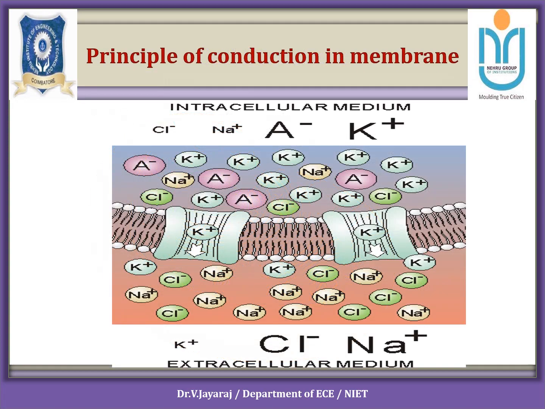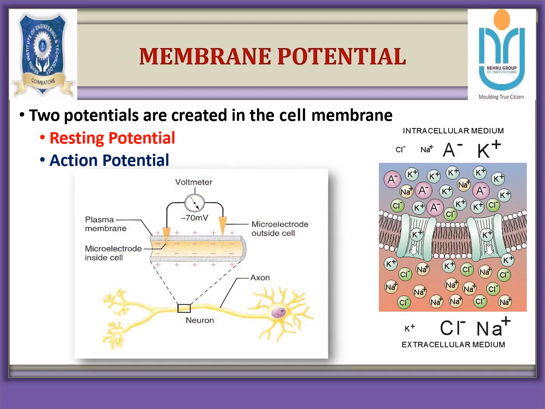Mechanisms are also used in the cell membrane. Okay, so when a cell is in the resting state, due to the semi-permeable membrane, there are more number of potassium ions inside the cell and more number of sodium ions outside the cell. So whenever there is a charge imbalance, for example, if you consider a membrane, if an equal number of ions are present inside and outside, that is equal number of positive ions inside and equal number of negative ions outside, they are getting neutralized.